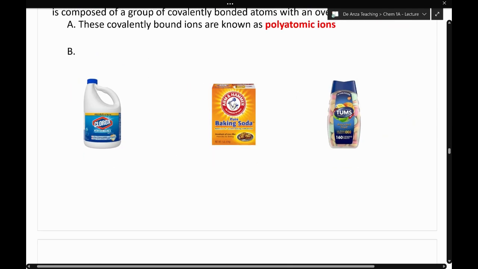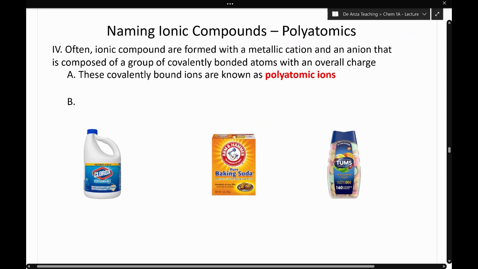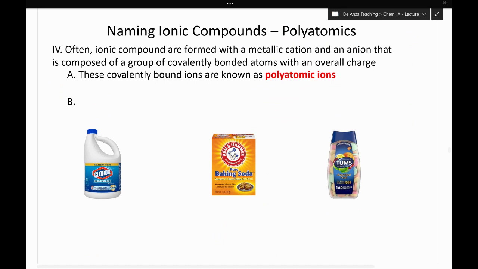And so one other type of ionic compound that you can form is one using something called a polyatomic ion. A polyatomic ion is a group of covalently bonded atoms, which we'll talk about covalent bonding in a second, with an overall charge. And these covalently bound ions are known as polyatomic ions.